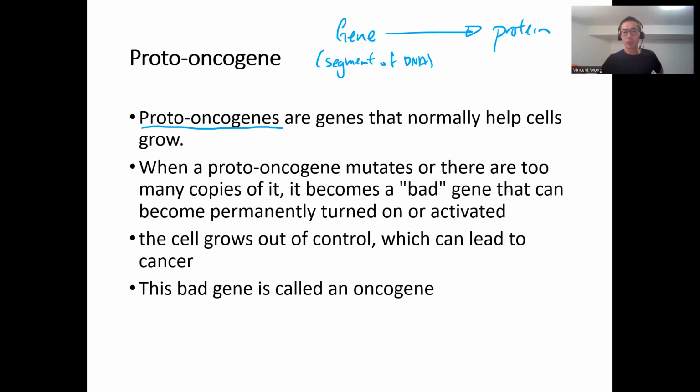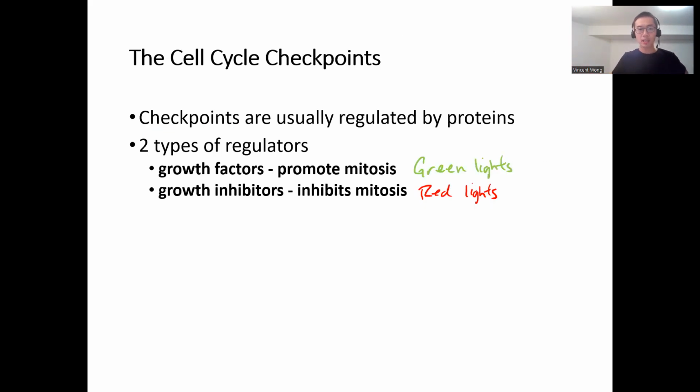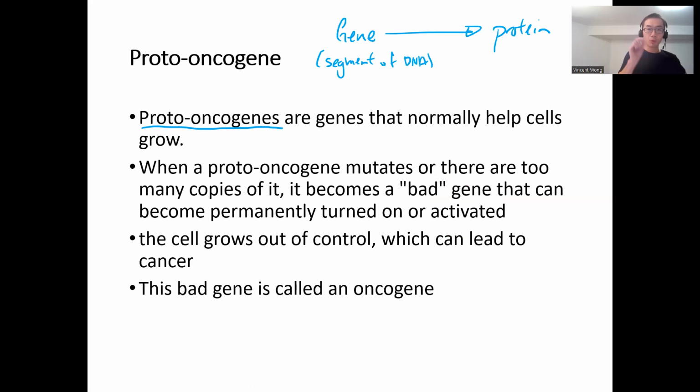It depends on what kind of protein you're making, right? You can make all sorts of proteins. In the context of what we are talking about, there could be a gene that makes a growth factor protein. There could be a gene that makes a growth inhibitor protein. So the proto-oncogene is a segment of DNA that contains the instruction to make the growth promoter, the green light. It normally helps the cell grow. Got it?